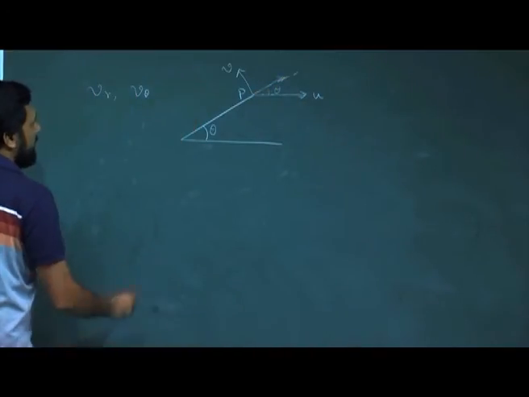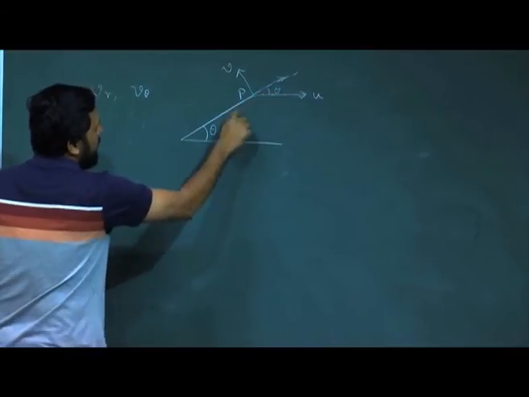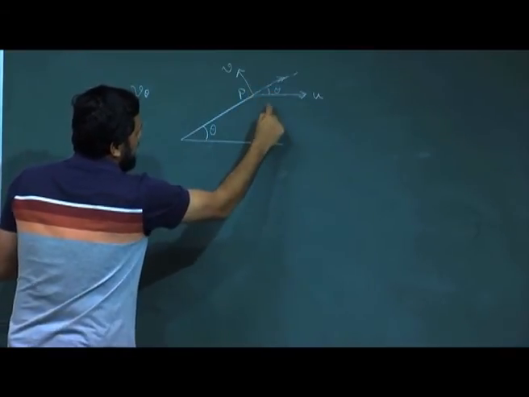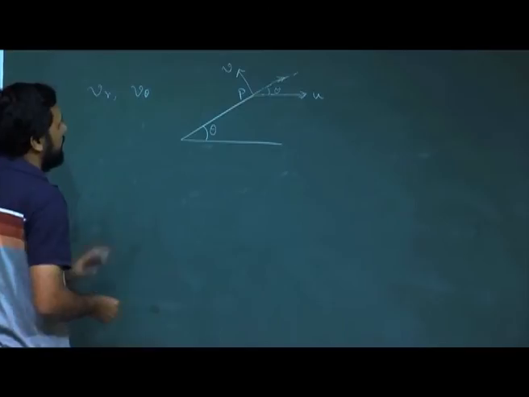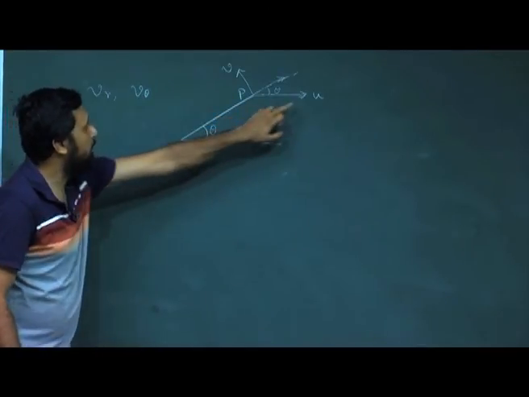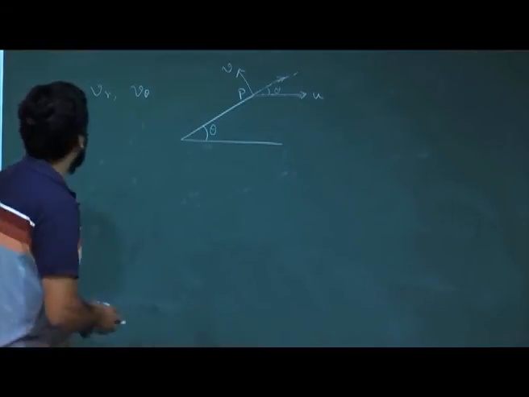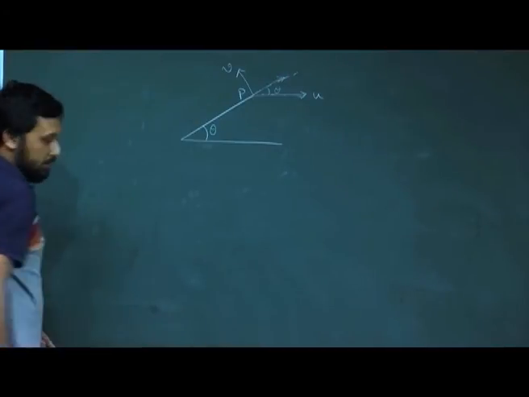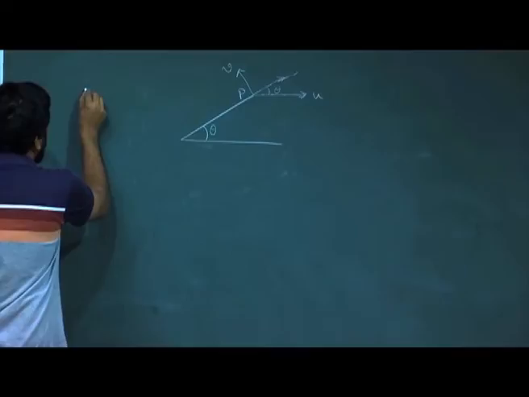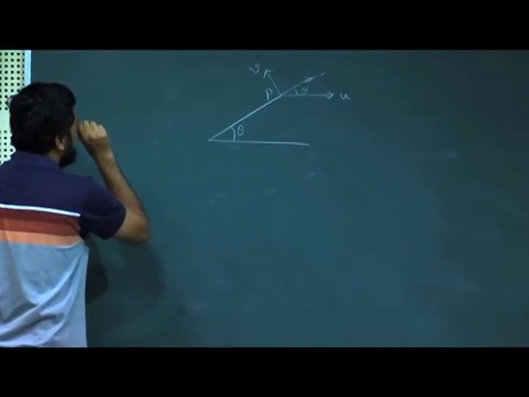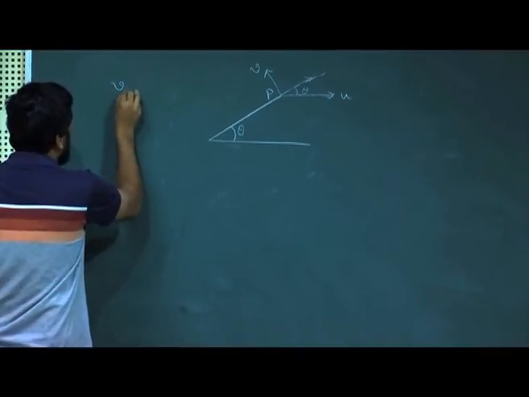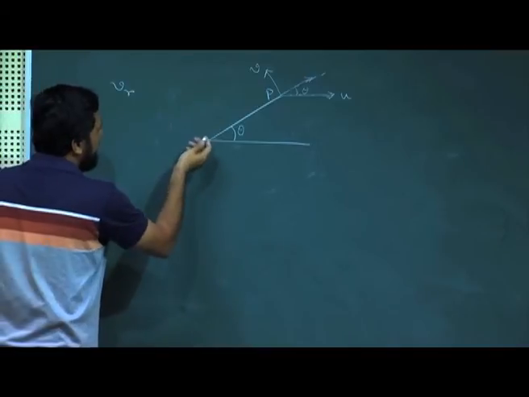So, please do not get confused. u and v are two numbers. So, probably I will call it something else. Okay, let us call it Vr. I think you will understand. So, Vr is the radial velocity.